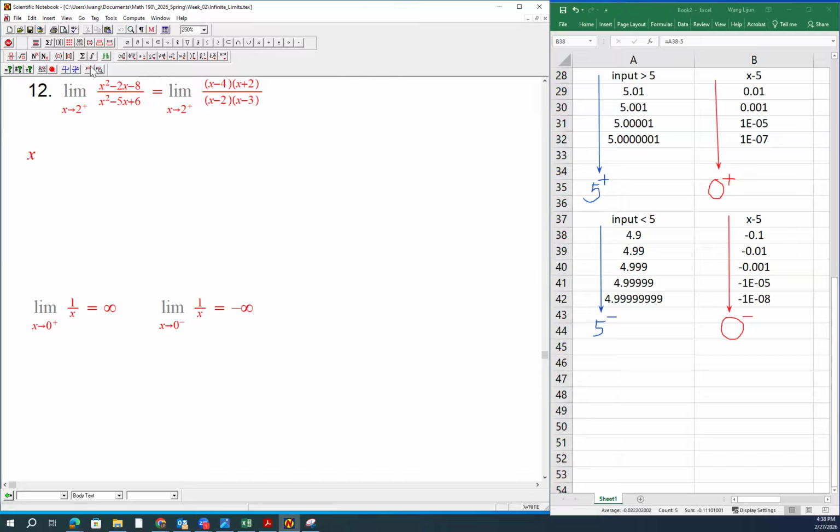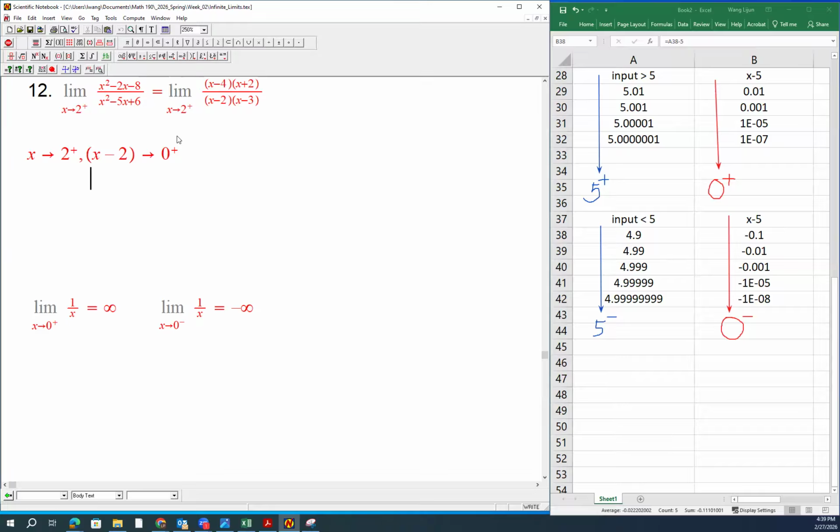So as x is approaching 2 from larger than 2, okay? X minus 2 is going to be approaching, I'm sorry, it's going to be approaching 0 from larger than 0. We understand that. So this piece is approaching 0 from larger than 0. Now, how about the other 3 quantities, right? The other 3 quantities, let's take a look.